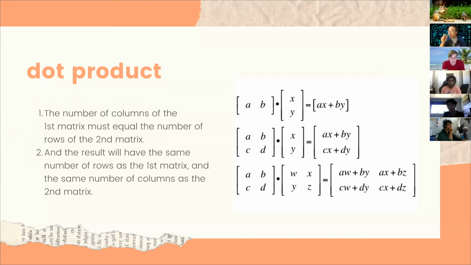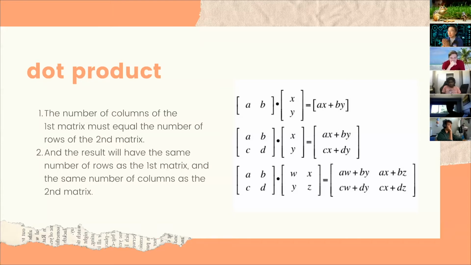Then you go to the second column in the second matrix. You rotate A, B together, and you have A times X plus B times Z, and that's the second element. So on and so forth. And this is how you multiply these matrices together.